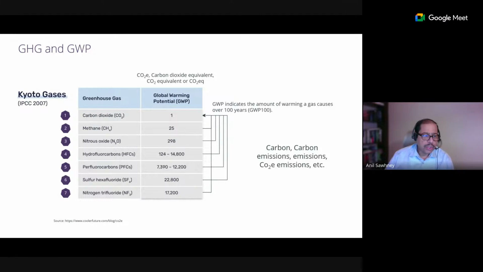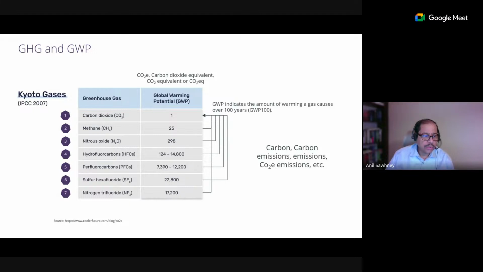So you will basically loosely, we will always say carbon emissions or carbon or emissions, because all we are doing is we are calculating GWP in terms of carbon dioxide equivalent. So CO2e, for example, or CO2 equivalent, or sometimes written as CO2 EQ. So this is what that equivalent means.